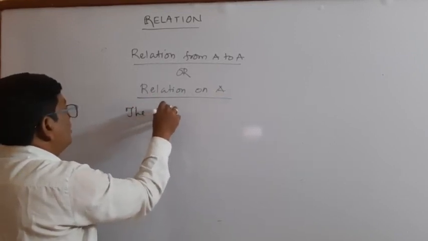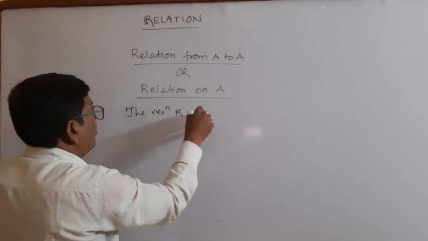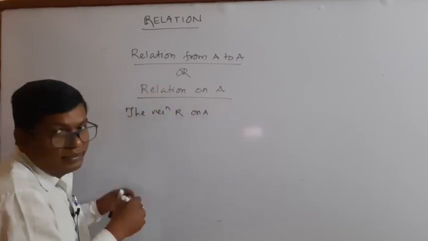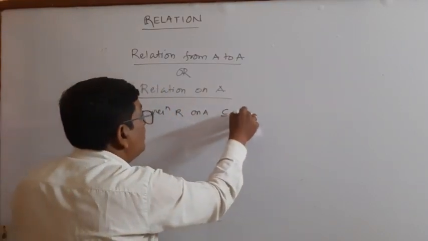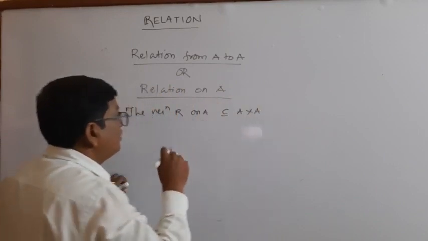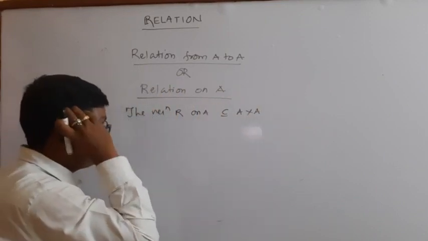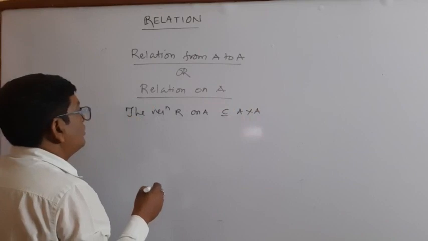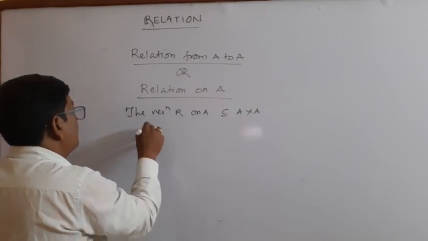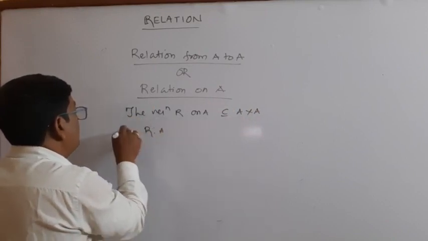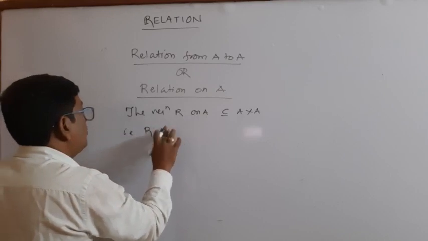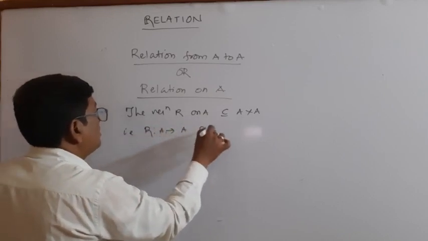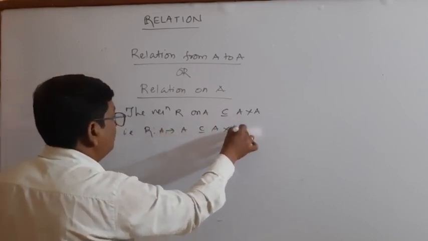The relation R on A, that is from A to A, is a subset of A cross A.